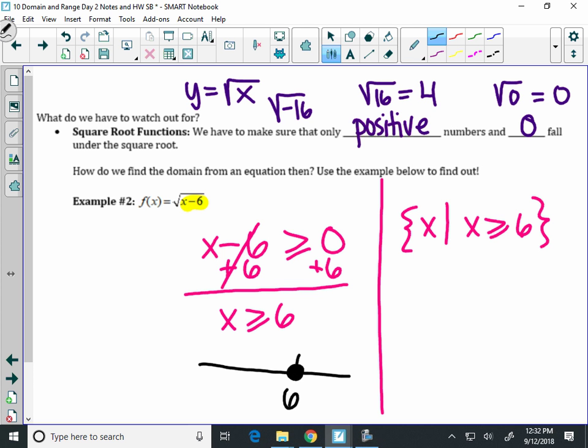Left or right? To the right. Okay, well that way it makes it a little bit easier for you to see how you would do your interval. You have a closed dot, so you have a square bracket. 6, and which way is the arrow going? To the right forever, to infinity, right? That would be the interval notation of that domain. So you should be able, we're going to ask you to do both. So you should be able to write the set notation or the interval notation.